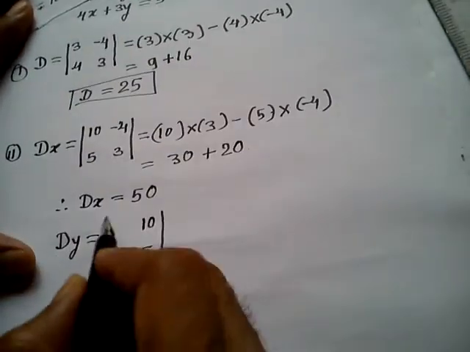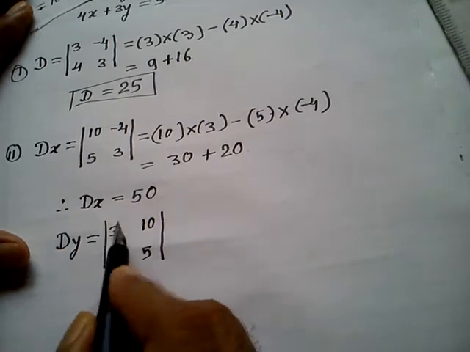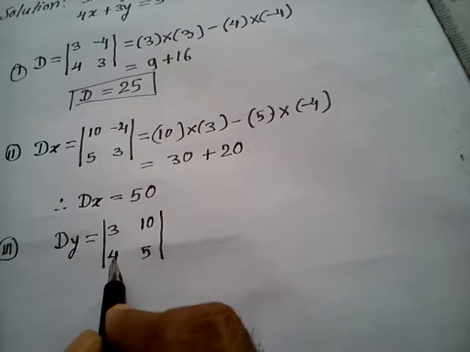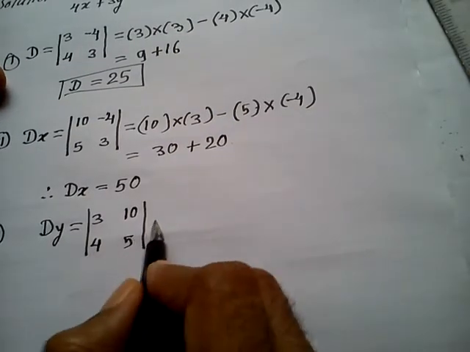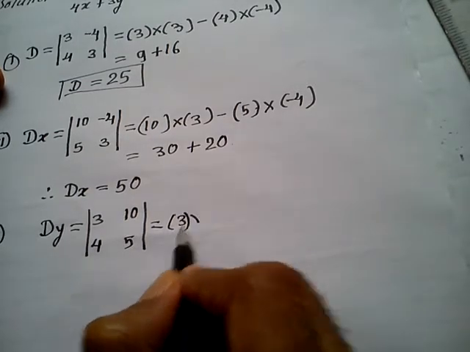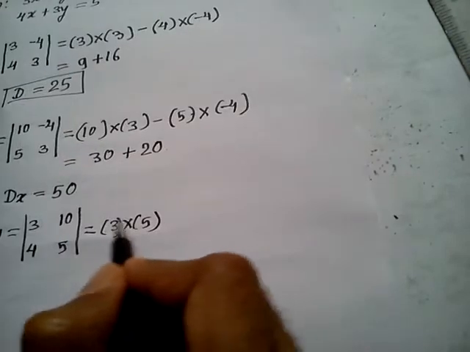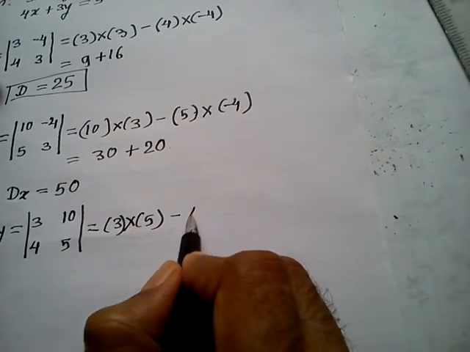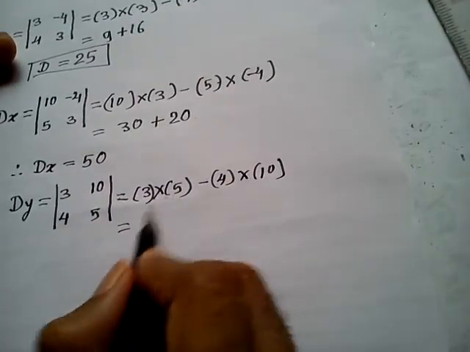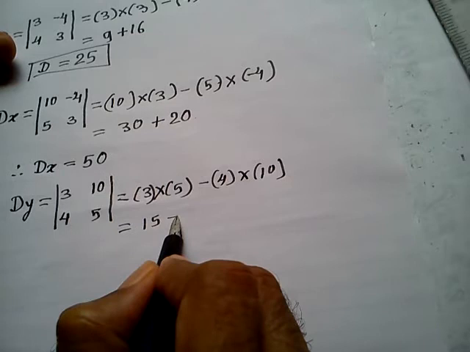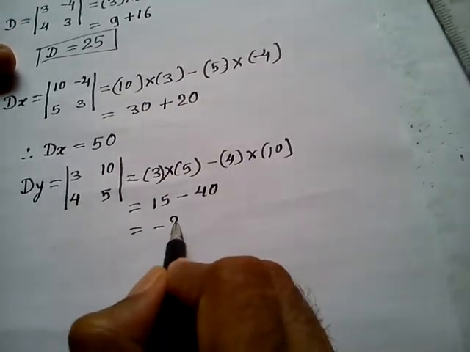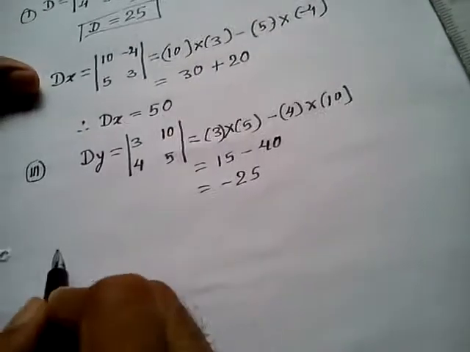Which one? 3 and 4. The first equation coefficient of x is 3, the second equation coefficient of x is 4. Don't be in a hurry. 3 into 5 minus 4 into 10. So what will happen? 3 fives are 15 minus 40, that is equal to negative 25. This is the value of Dy.